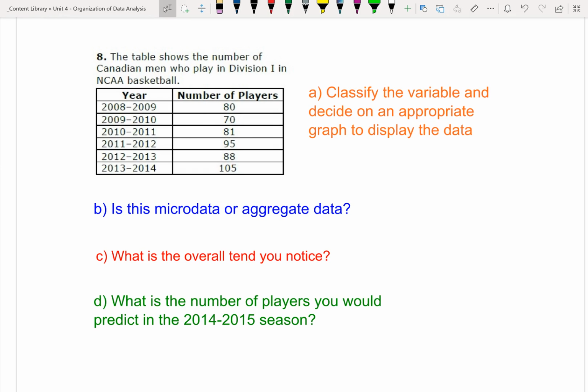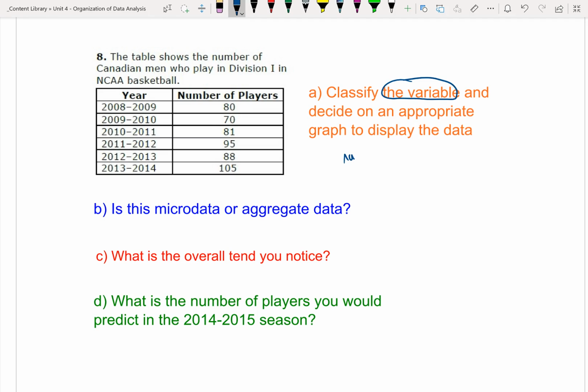The first thing we want to do is classify the variable that we're looking at and decide on an appropriate graph to display the data. So if we're looking at this, we are looking at the number of players per year. So the variable that we're looking at is the number of players.